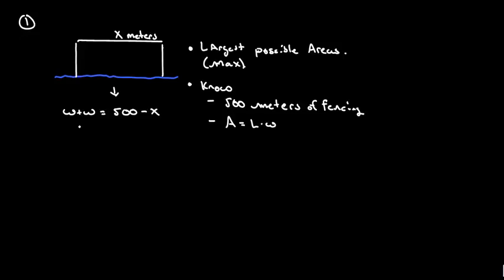So in other words, 2W has to be equal to 500 minus X, or W has to be equal to 250 minus 1/2 X.